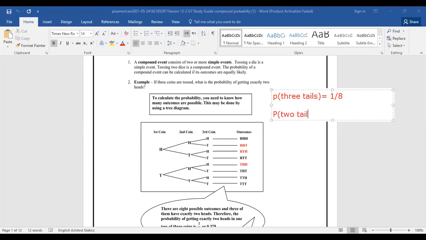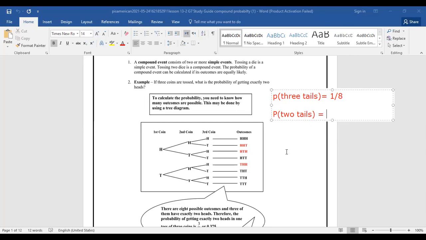Okay. What is the probability to find 2 tails? 3 out of 8. Where did you find it? Listen. I said 2 tails, right? I didn't say at least. If I would say at least, then it would be 2 and more, right?